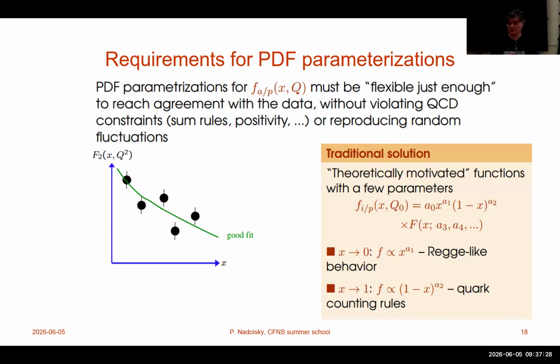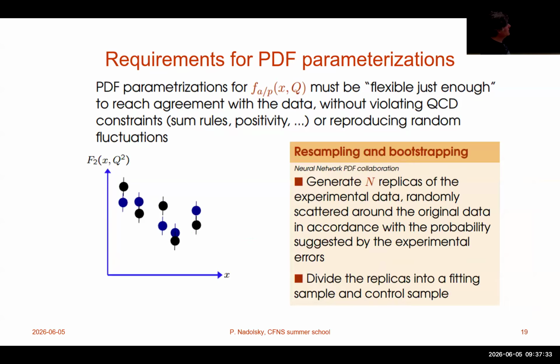Now, you can use the neural network as well, and that's another choice that you can make. If you do the neural network, you need somehow to impose some rigidity condition. Something that I probably will skip, but the big idea here is that you do resampling and bootstrapping and cross-validation. The idea, for example, would be that you generate replicas of your data by random fluctuations, and then you fit half of the data set, or let's say 70%.